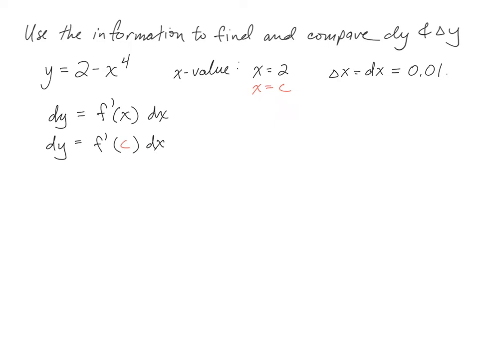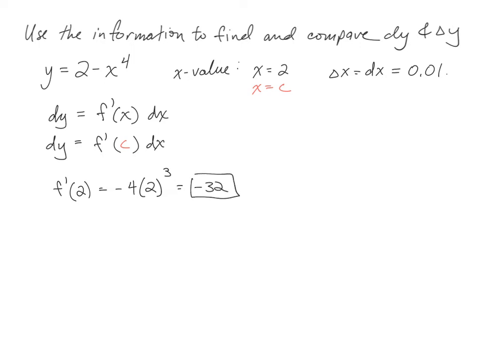So that being said, all we have to do is find the derivative at c equal 2. So f prime of 2 is negative 4 to the third power, but we'd have to have 2 in this set of parentheses, which would be negative 32.